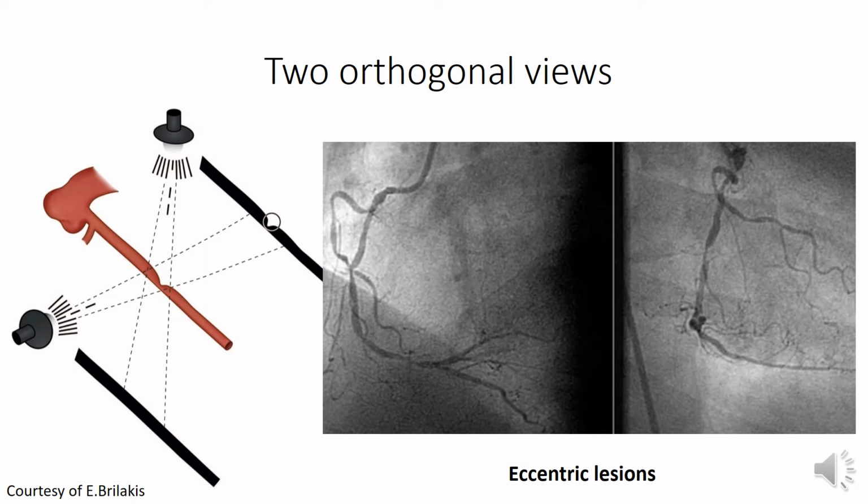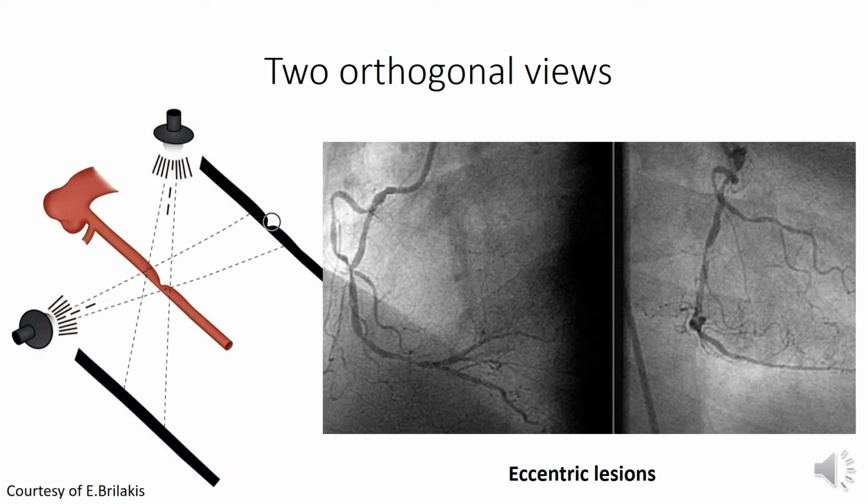An important thing when assessing a lesion is to take two orthogonal or perpendicular views, because we have what is called the eccentric lesion, as in this example.